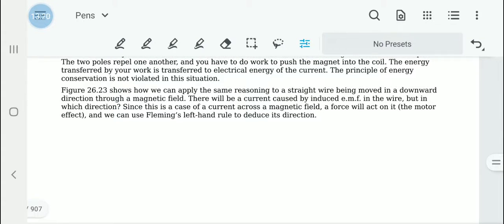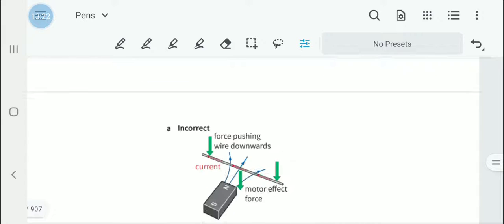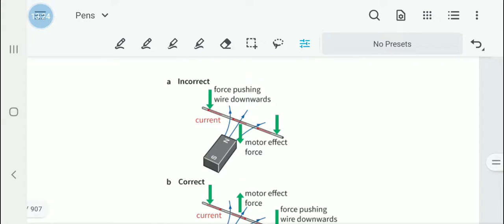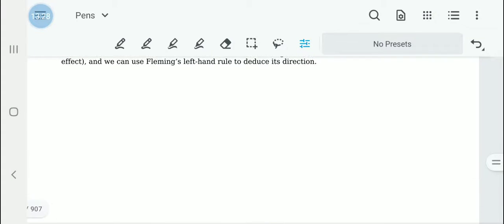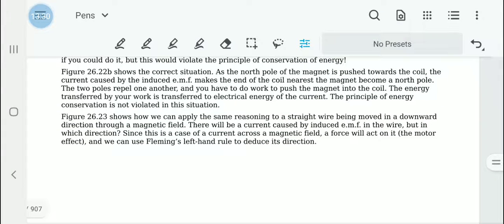So in the next diagram, in this situation, what happens is, when we push a wire in a downward direction through a magnetic field, there would be a current caused by the induced EMF. So we need to figure out in which direction.